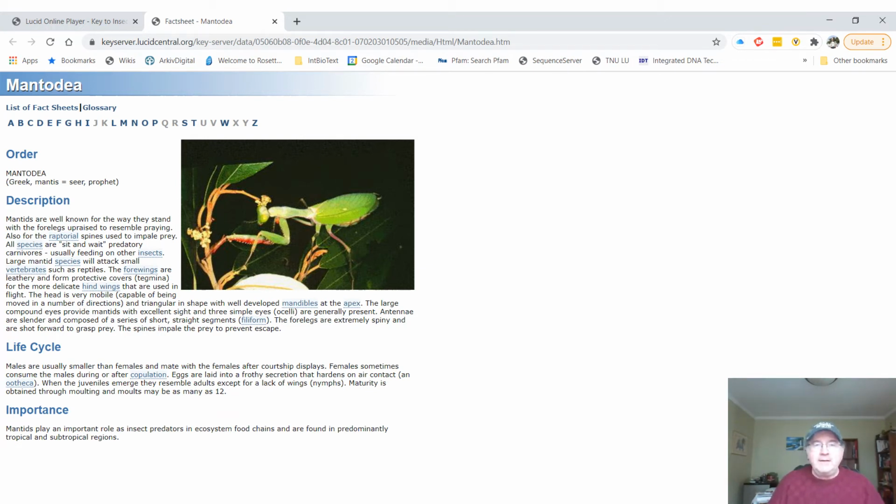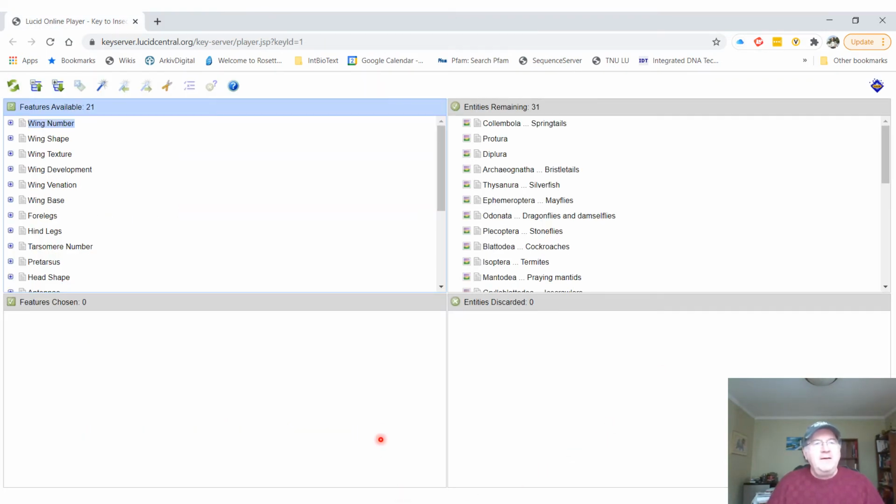One other thing I wanted to point out to you about Lucid keys. We go back to the beginning. Up at the top here, there's a whole series of icons, and if you're live, you hover over these and they'll give you a little hint of what they are. But you see this one here that kind of looks like a magic wand. What that does, interestingly enough, is that if you press that, the software will consider where you are in the identification process right now, and will suggest to you what the best character would be to look at next.